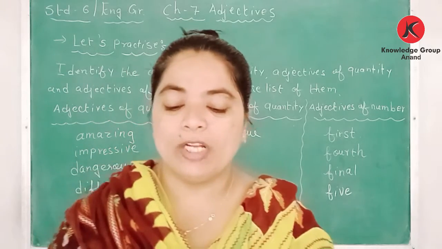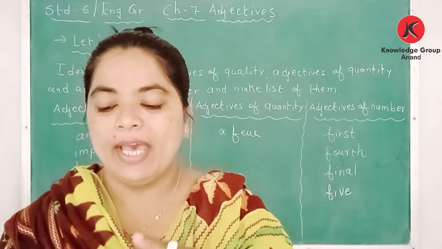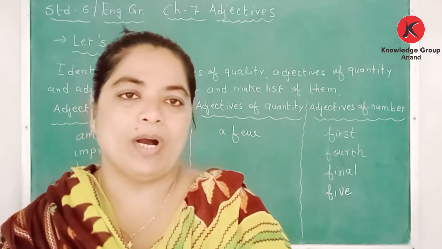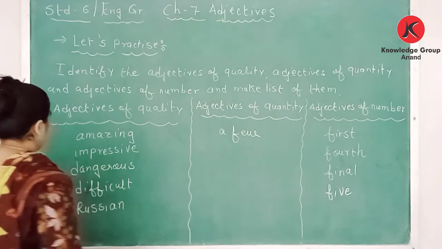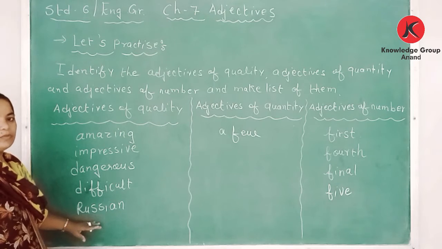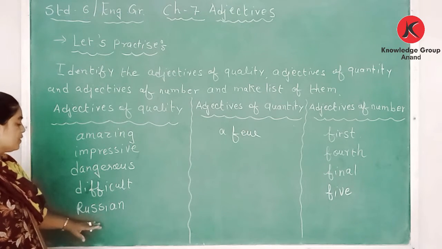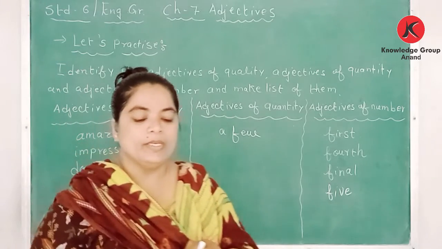"This difficult vault was named after the Russian gymnast Elena Produnova, who first performed it in 1999." Russian describes the gymnast, so it is an adjective of quality.